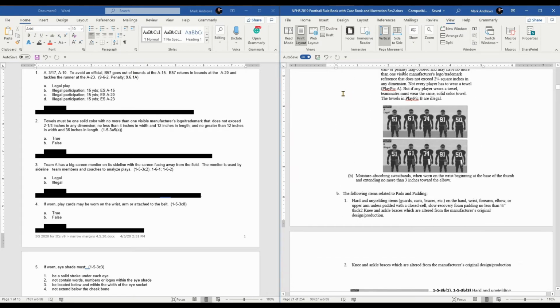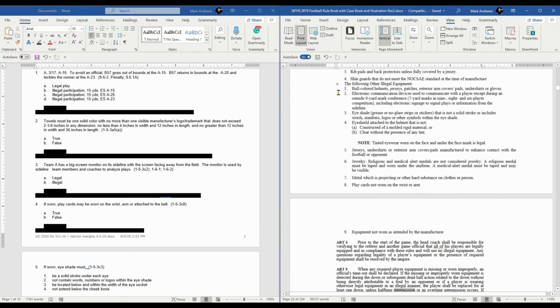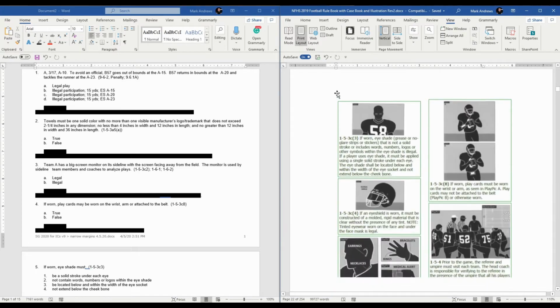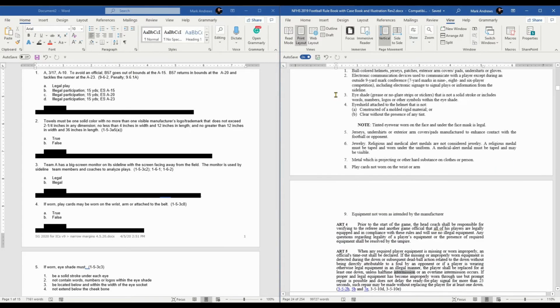There's a lot of things that are illegal. So if we come all the way down to 153, where is it? 153. There we go.